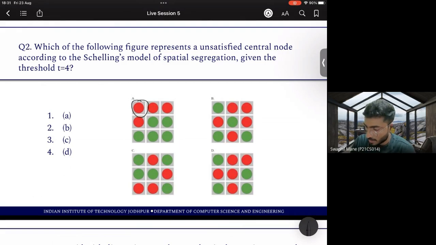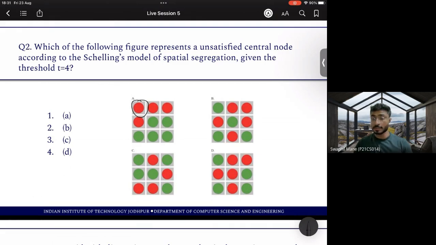This node will check his neighbors, and if they are of a similar type to him, then he will stay there. If they are not similar types, then he will move to another location. At that location he might get his similar type of neighbors, right?